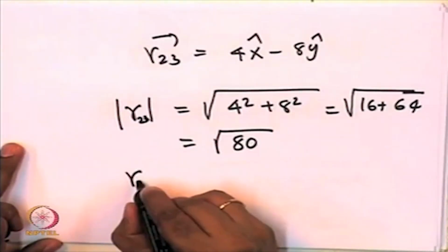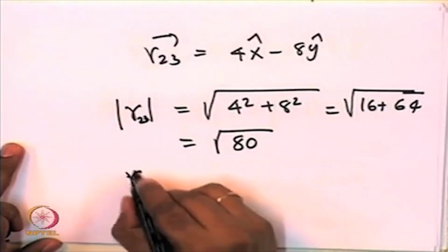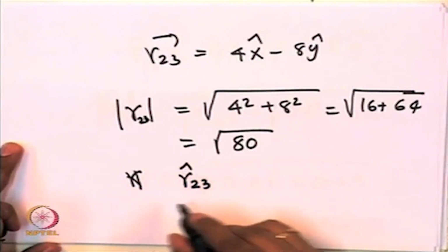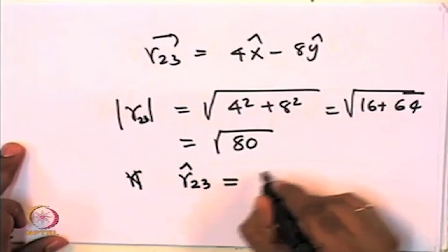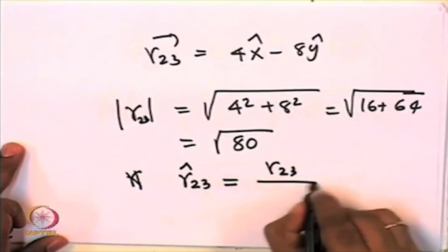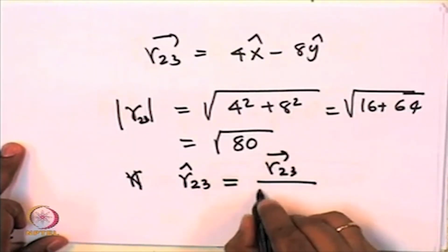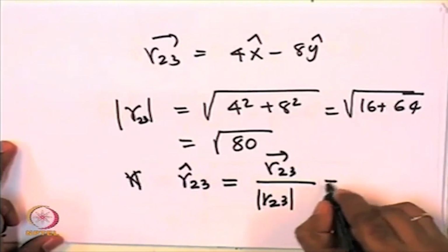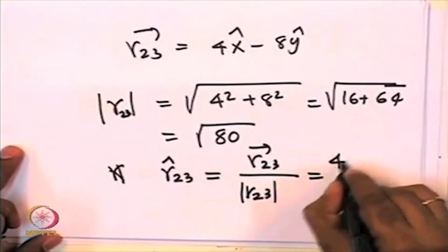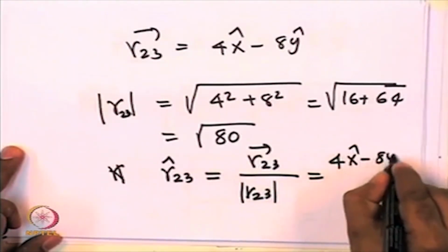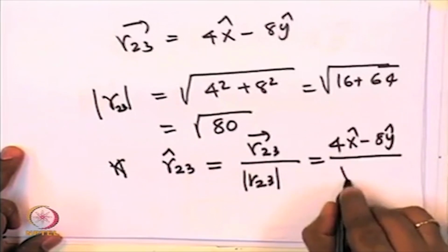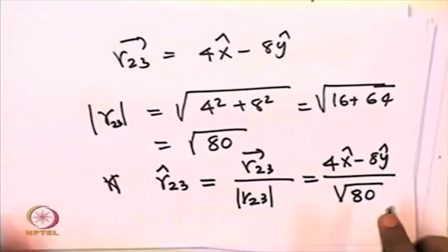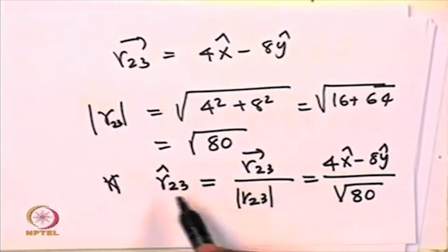And R23 cap, that is the unit vector along R23, is R23 divided by mod R23. So, this is 4x minus 8y divided by square root of 80. So, this will be this R23 cap.